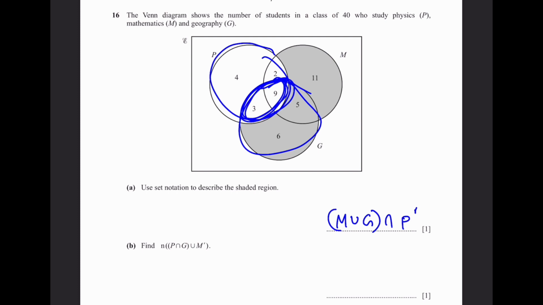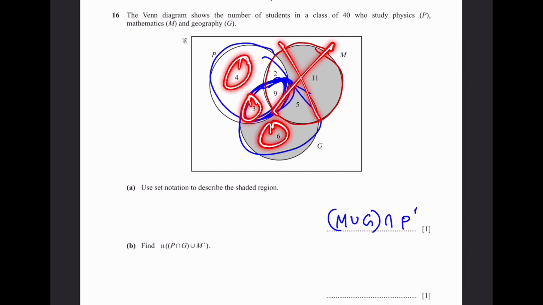Now, union of M prime. So M prime means everything outside M. So we can exclude M from the whole thing. That means we'll have 4, 3, and 6. These values are not there because they're inside M. So 4, 3, and 6.